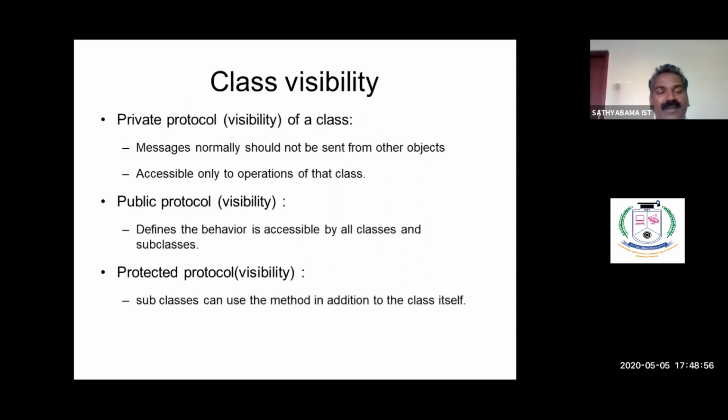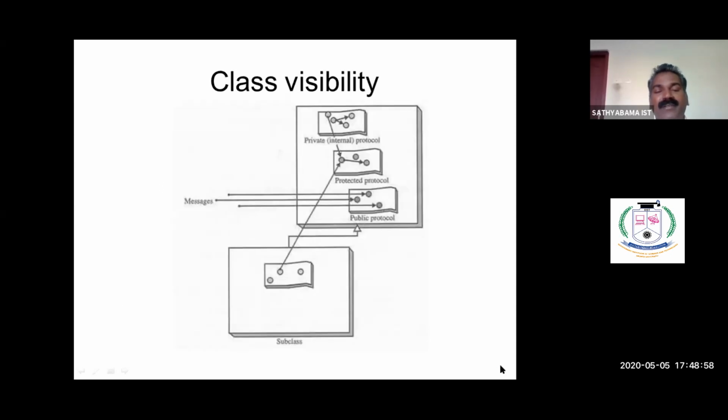See this scenario. We have private protocol, where objects are implemented with their own data. Second, the protected protocol, where the objects are accessed by the subclasses.